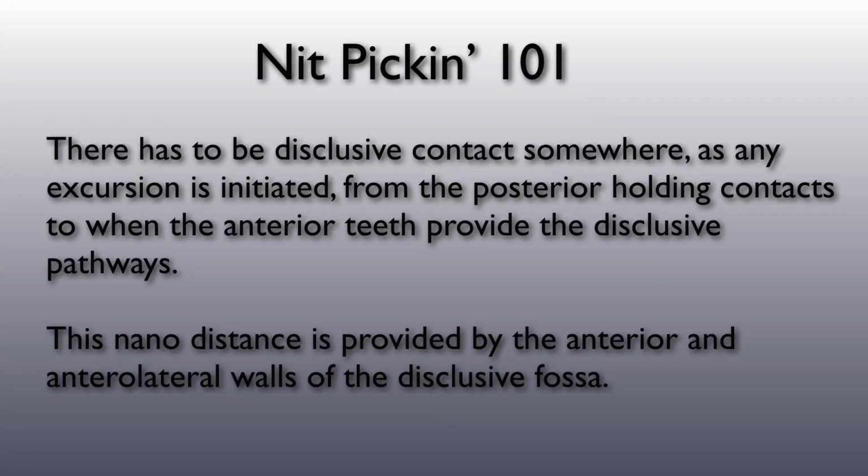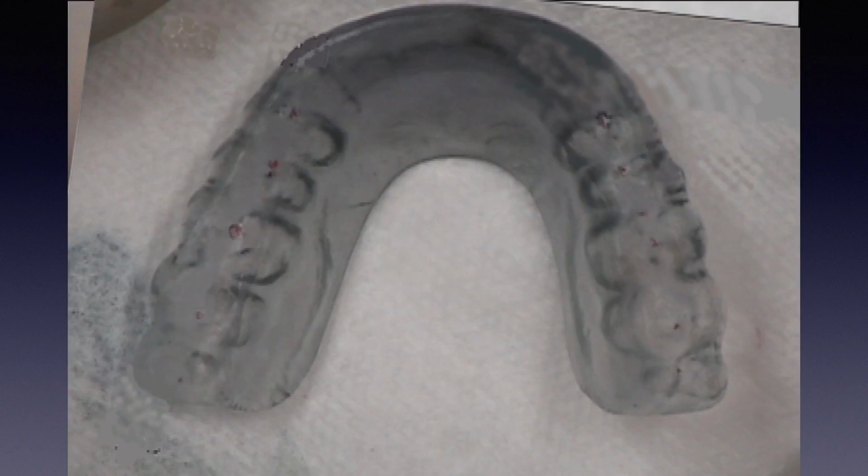There has to be disclusive contact somewhere, as any excursion is initiated, from the posterior holding contacts to when the anterior teeth provide the disclusive pathways. This nano distance, as tiny as it is, is ideally provided by the anterior and anterolateral walls of the disclusive fossa, hence the name.